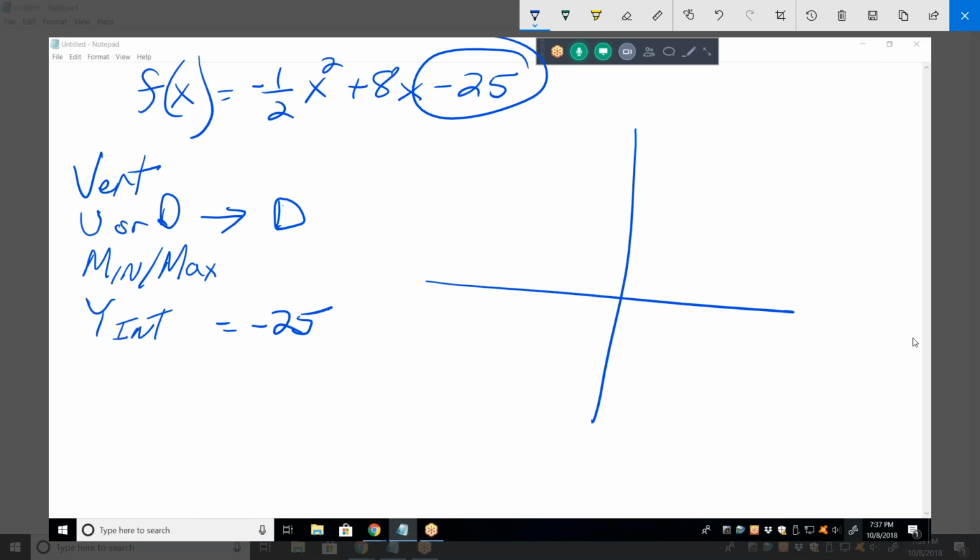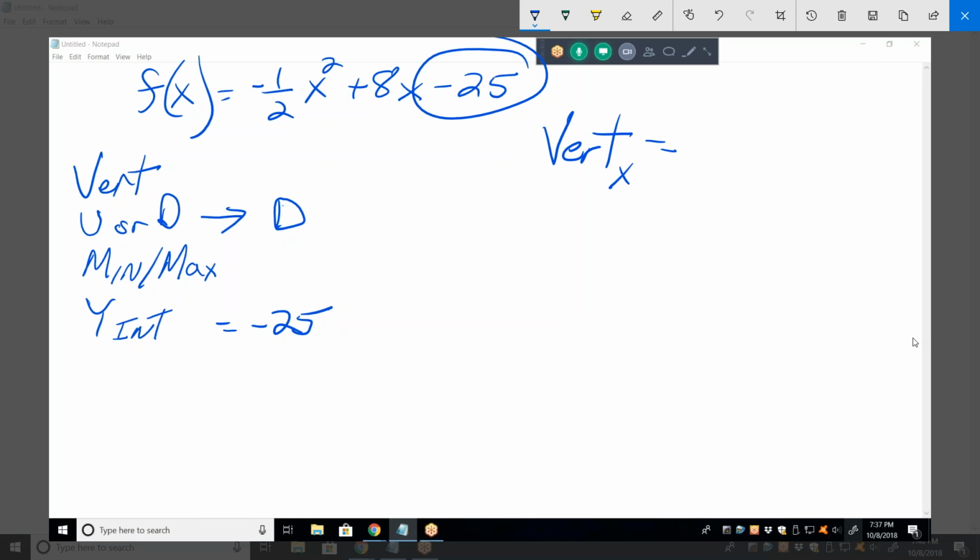I really believe the simplest way to find the vertex, especially when they're looking for the min and the max, is to use the equation for the vertex x-coordinate, which is minus b over what? 2a. No, it's just 2a.